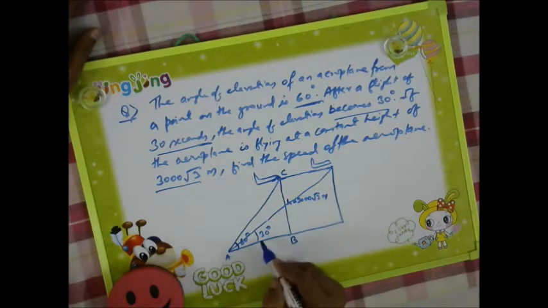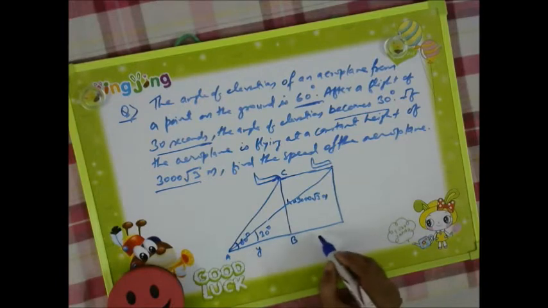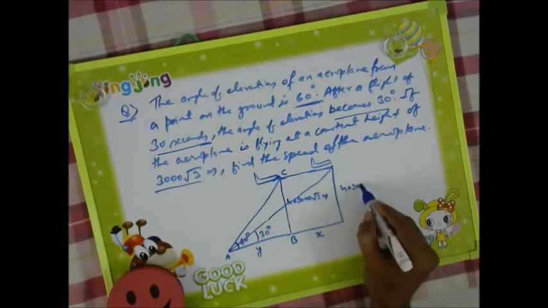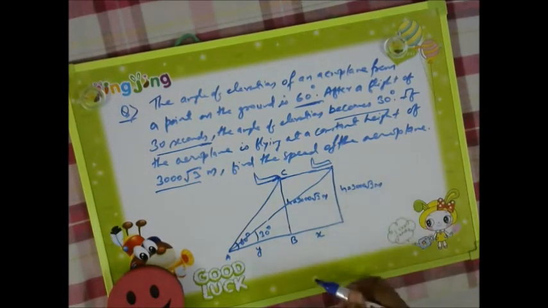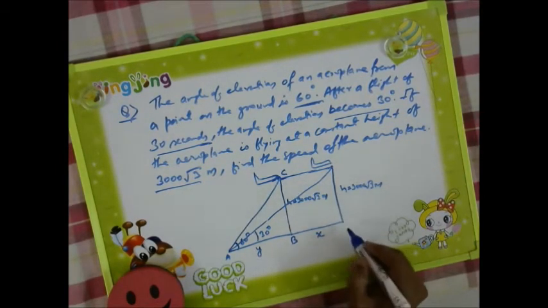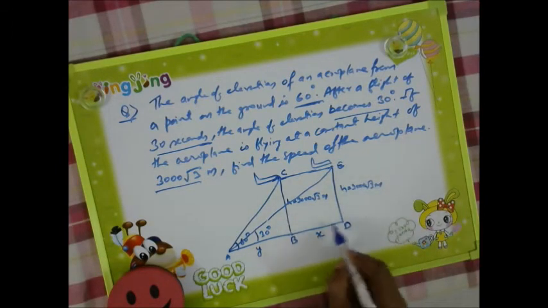Angle of elevation has reduced to 30 degrees. Suppose this distance is y meter, and this distance is x meter. This h is constant because it is maintaining a constant height, 3000 root 3 meters. Suppose I name these points D and E. To cover this distance BD, the time taken is 30 seconds.